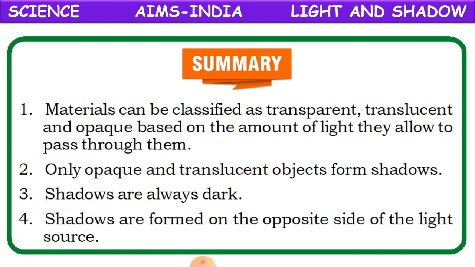The summary. Materials can be classified as transparent, translucent and opaque based on the amount of light they allow to pass through them. So according to the amount of light, whether it is completely passing the light, partially passing the light, or not at all passing the light, these materials are classified as transparent, translucent and opaque materials.